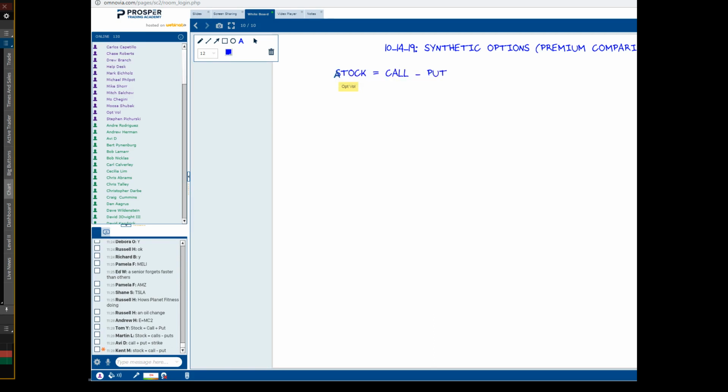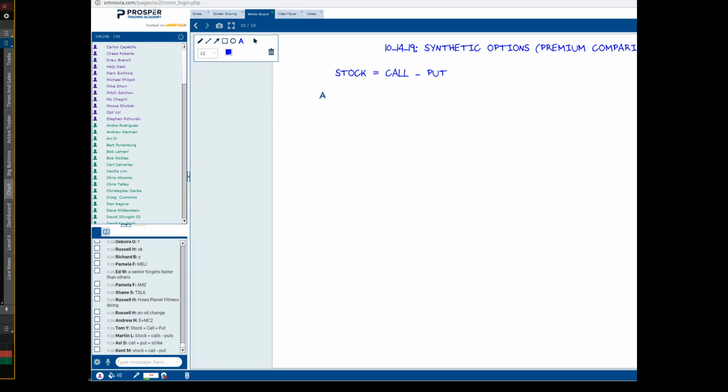Okay, and we could look at that in a number of ways. We could look at it from a dollar standpoint. We could also look at it from a delta standpoint. Okay. The delta one is easy.